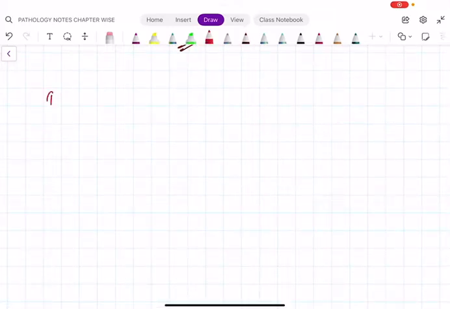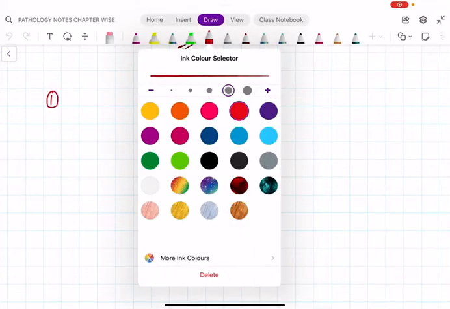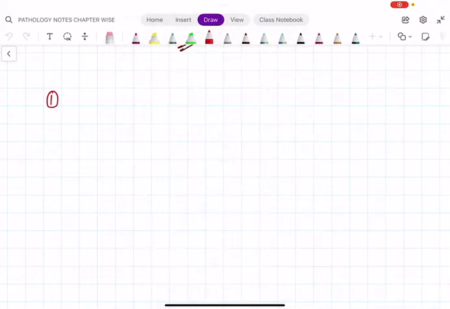Right, I am writing here. Number 1. I am not going to write the complete case here. I am just going to write the key words of the case. Rest I will recite.